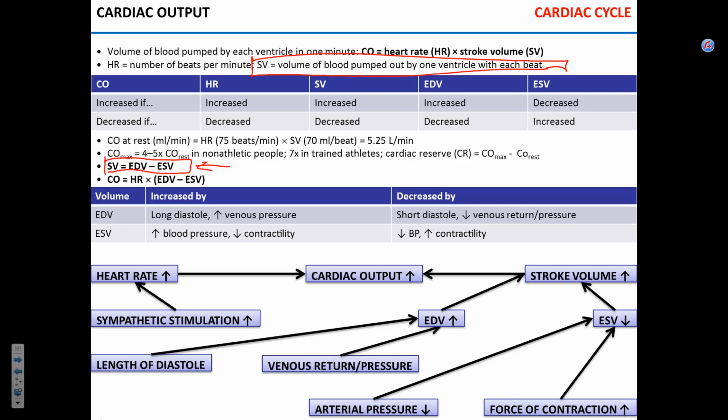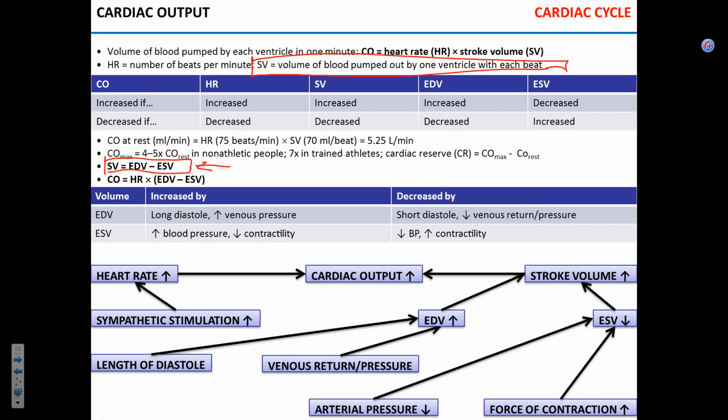I'm talking about math, folks. Like, you have SV equals EDV minus ESV, right? Stroke volume equals EDV minus ESV. What do you need to do to make it bigger? Bigger EDV or smaller ESV. Does that make sense? That's it.